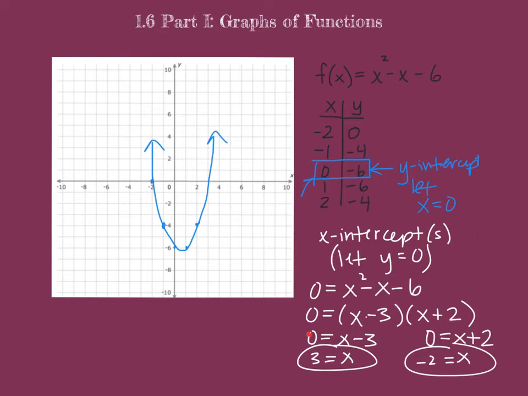We do hit the x-axis at 3, and we do hit the x-axis at -2. So we have successfully graphed this function, a quadratic, because we already knew the general shape is a parabola. We can plot a couple points just to get our bearings, and if we let x be 0, we'll find our y-intercept, and if we let y be 0, we'll find our x-intercept or intercepts.